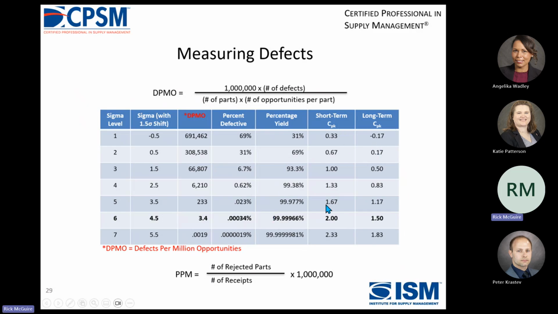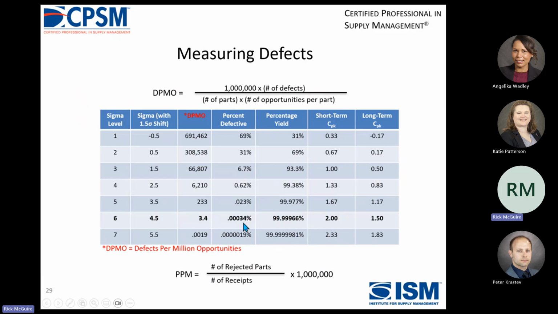So this is the 1.5 sigma shift. Usually this is what we look at. If you're up at 2.5, if you're up at a 2 Cpk, you don't have to worry about the 1.5 shift because you're covered. 2.33 is 7 sigma, which you don't really see. These are the percentage yield numbers here.